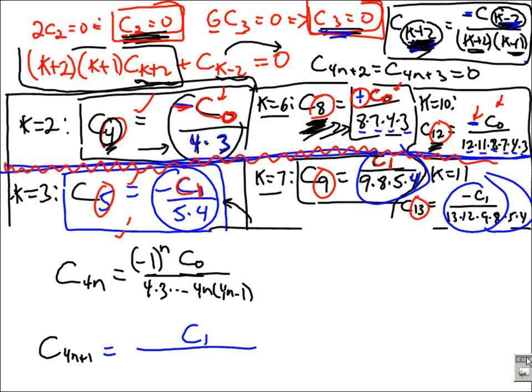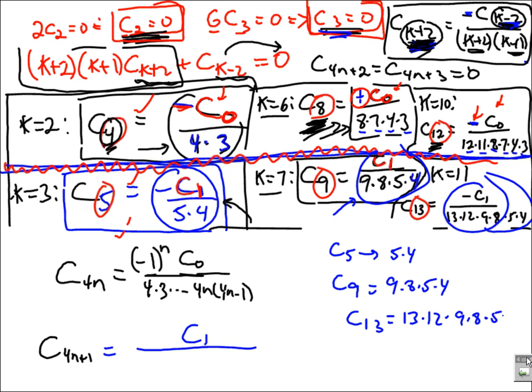And for the bottoms, for C sub 5, the bottom is 5 times 4. For C sub 9, the bottom is 9 times 8 times 5 times 4. And for C sub 13, it's 13 times 12 times 9 times 8 times 5 times 4.